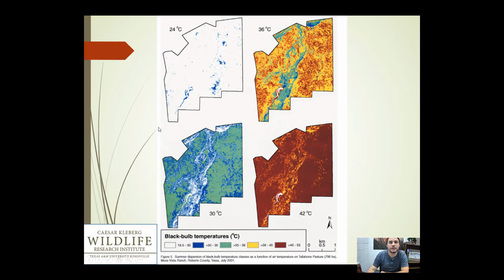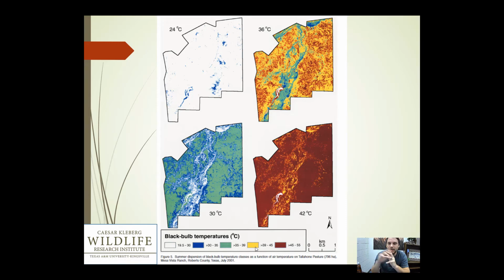So here you can see the same exact landscape, and as we transition from 24 degrees Celsius up to 42 degrees Celsius, you can see this variability in colors relating to different temperature ranges.